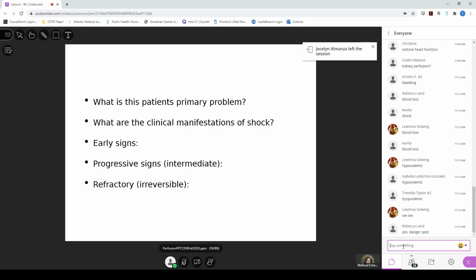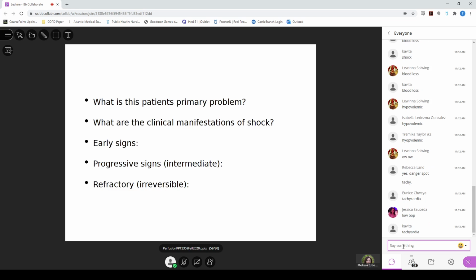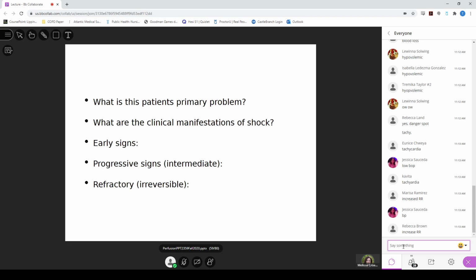So when we talk about early signs of shock, what are some early signs? They're basically compensatory signs of shock. What are some of those? Yeah, that's good. Okay, so blood pressure.